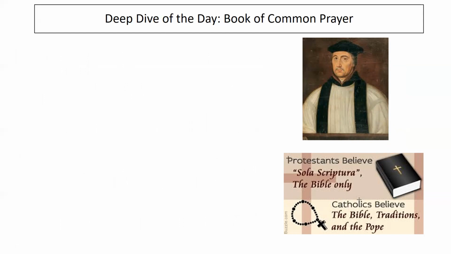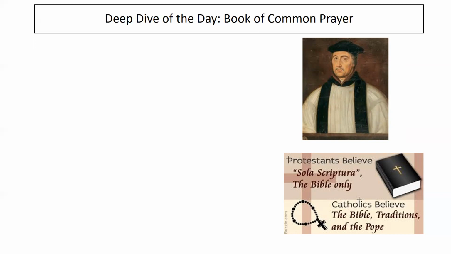Whereas Catholics believe, yes, if it's in the Bible, it's Christianity, but also new traditions that we've created or that we've been doing that aren't specifically stated in the Bible are also Christianity, as the Pope is also Christianity, and anything the Pope says, because he speaks for God, becomes Christianity as well. Whereas Protestants read the Bible and said, hang on, there's no mention of a Pope in here. If God had wanted a Pope, he would have put it in the Bible. It's not there, so therefore we're not going to follow. So this was the big difference.